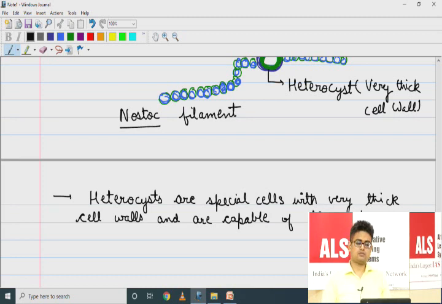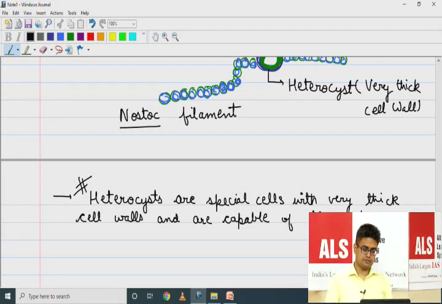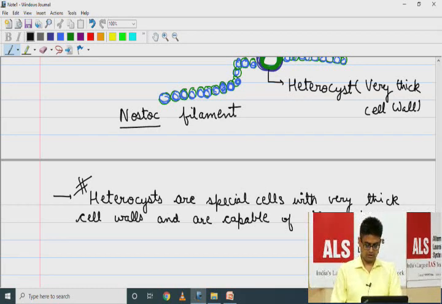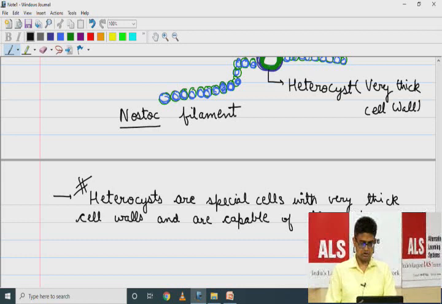So heterocyst is a special cell capable of fixing nitrogen. This is an important question for your NEET exam, so please mark it separately. All right, so this is about cyanobacteria.